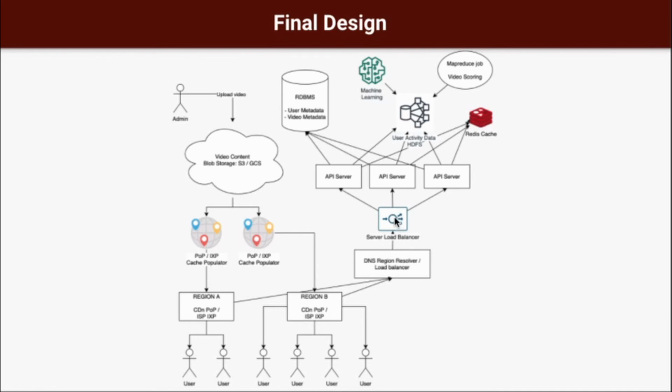serve the request, and then the load balancer can also do maybe some sort of hash algorithm to decide which API server is actually available or not busy to serve the request. The API server will access the RDBMS database for user metadata and video metadata, and for storing and getting user activity, these API servers should access the HDFS cluster.